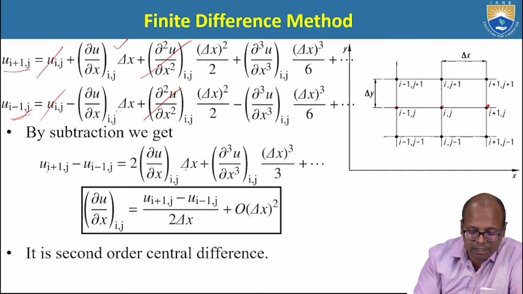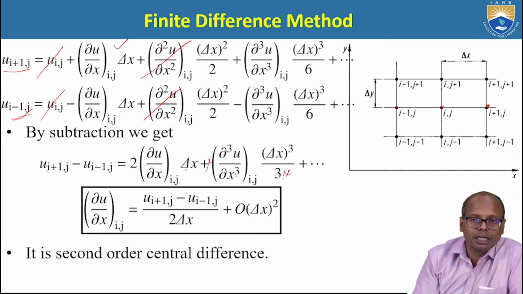Now in the third term I will get dou cube u by dou x cube i j delta x cube by 3 factorial. Here it is 3 factorial and 3 factorial into 2. Here I will have 2 and here I will have 2. The 2 will get cancelled and I will remain with 3.